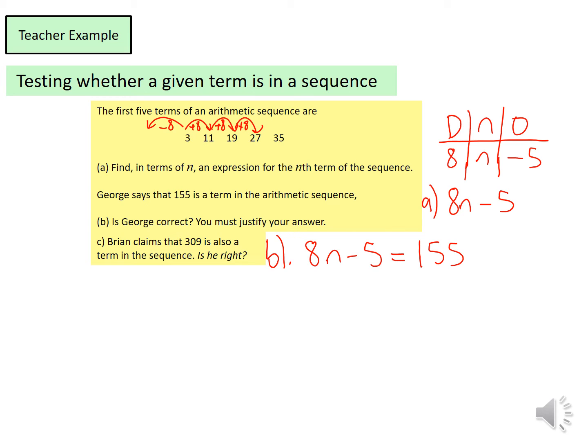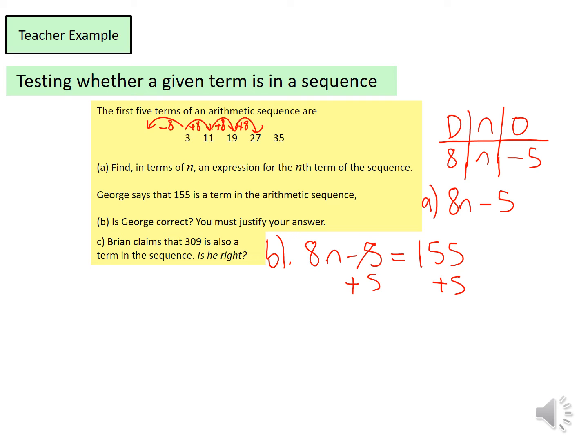Okay, let's solve it, because if it is in the sequence, the term will be a whole number. Let's find out then. So the opposite of minus 5 is plus 5. So we need to plus 5 on both sides so we can get that n on its own.